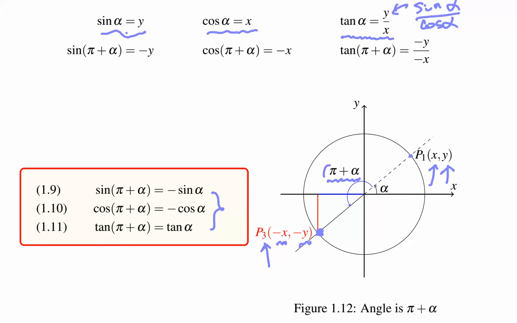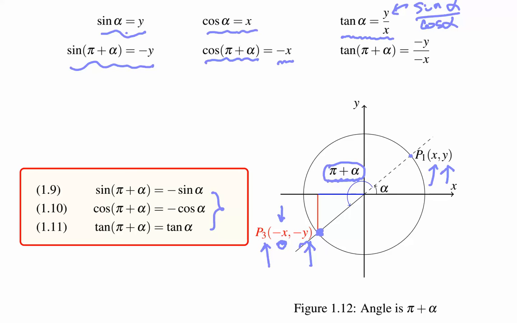Then sine of pi plus alpha will be the y-coordinate, which is negative y, and that's what it says here. Cosine of pi plus alpha will be the x-coordinate of point P3, which is negative x.